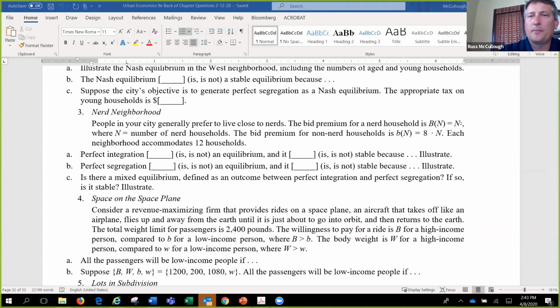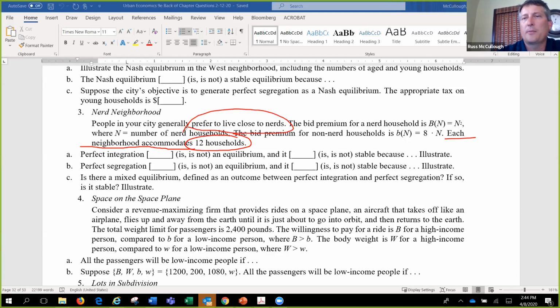Bid premium for non-nerds, otherwise we've got 8 and 8. So each neighborhood accommodates 12 households. When we look at that, what's the total amount of the city? Go to your chat boxes. People in your city prefer to live close to nerds.